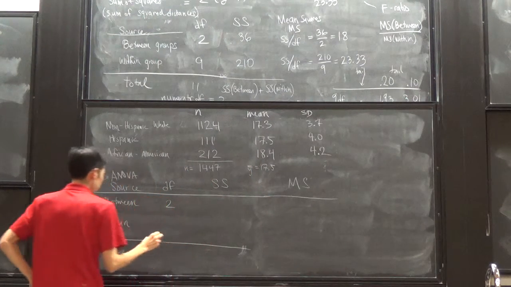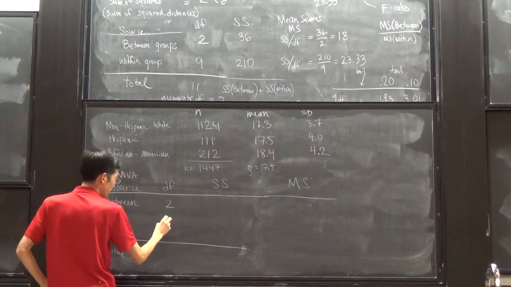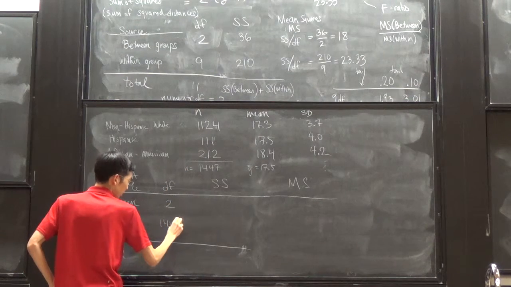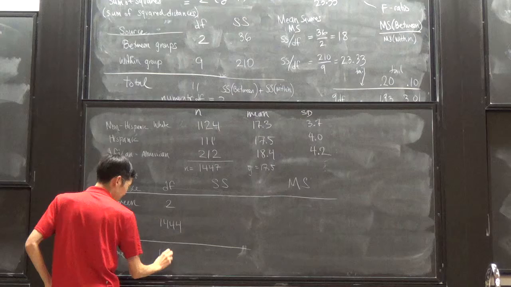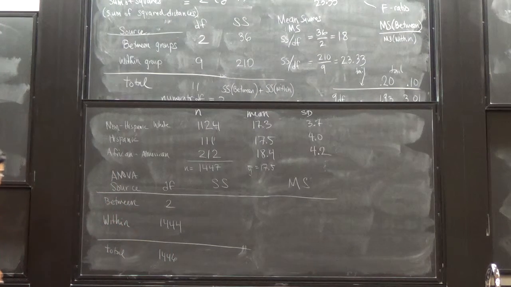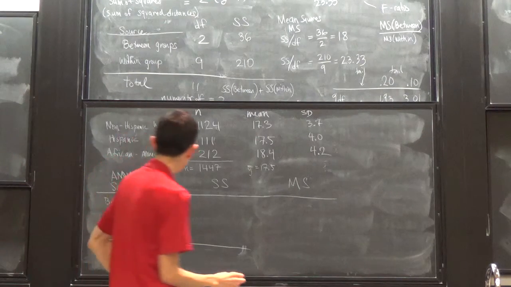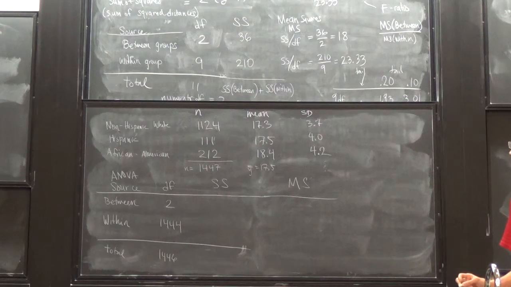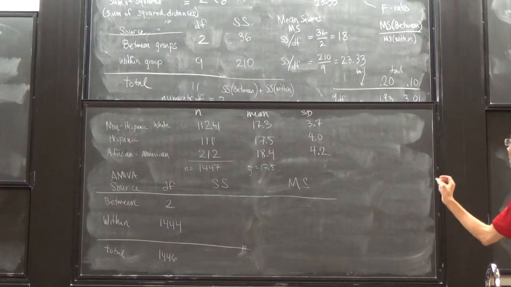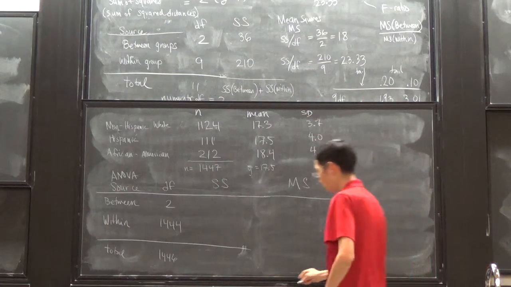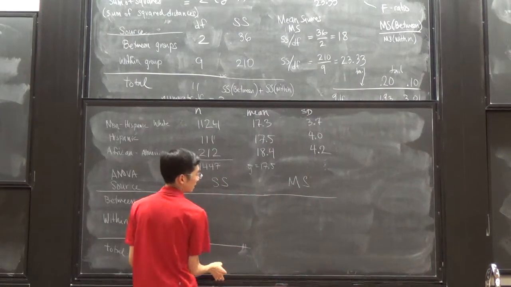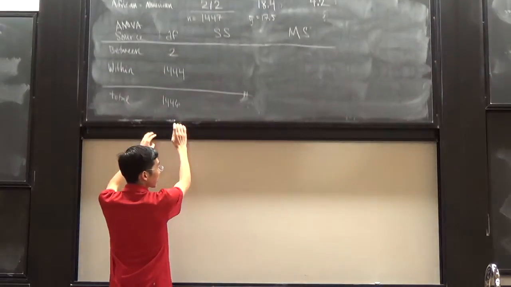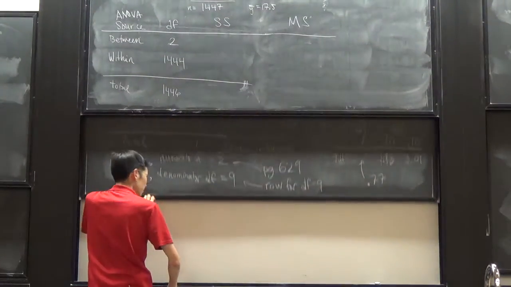So within is 1447 minus 3, which is 1444, and total degrees of freedom is 1446. Well, I'll leave it to you to find the sum of squares and mean squares. I'll slide this up and put the correct formulas for those things.